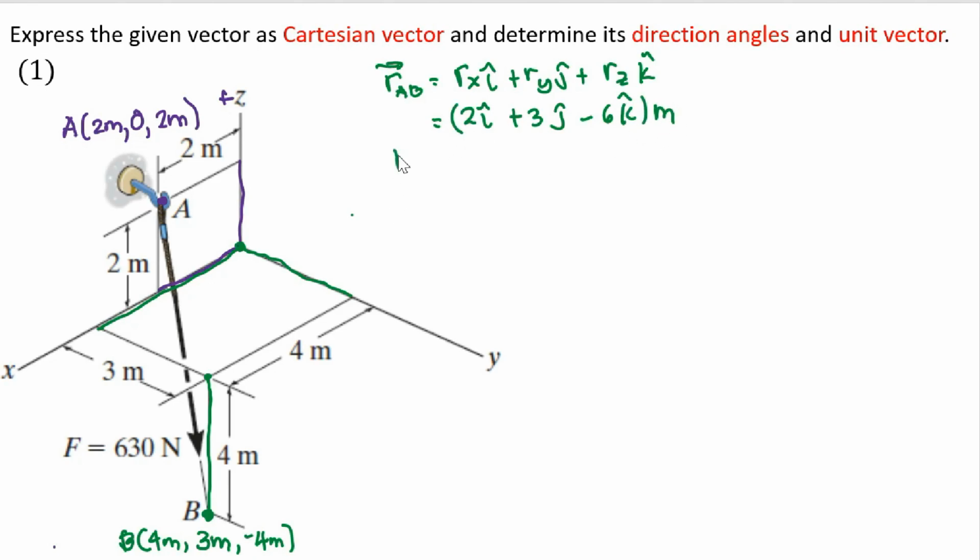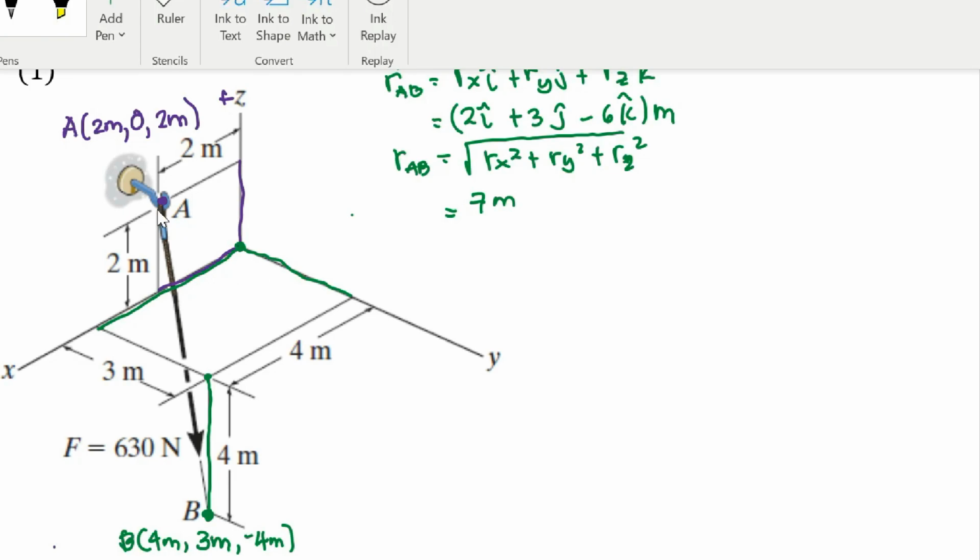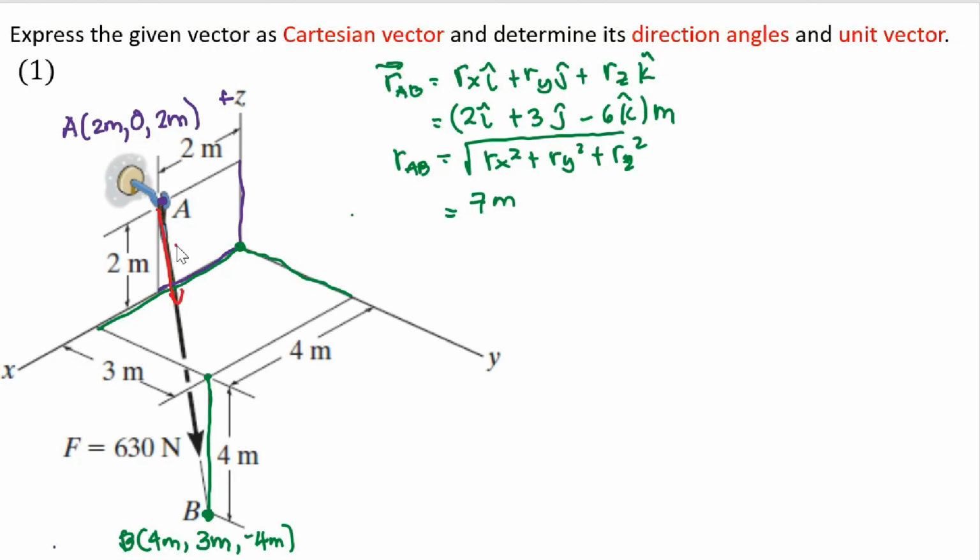And to get the magnitude of that position vector, that will be the square root of Rx squared plus Ry squared plus Rz squared. So that will be 2 squared plus 3 squared plus 6 squared, square root of that, so that will be 7 meters. The next step will be the unit vector. As I said, from the position vector we will extract the unit vector because the unit vector has the same direction as the force vector.